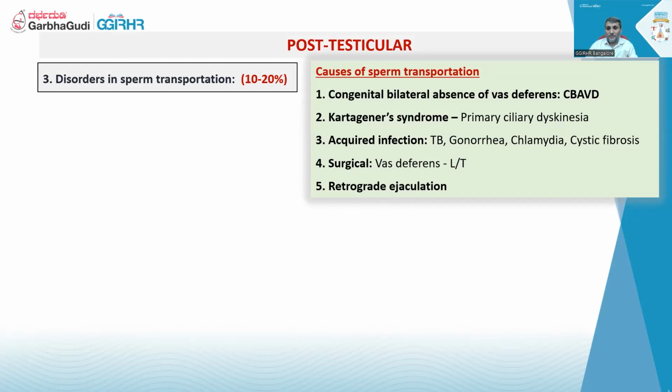There can also be acquired infections like TB, gonorrhea and chlamydia, and surgical causes, such as the vas deferens being injured during surgery, and retrograde ejaculation. So these are all post-testicular causes.